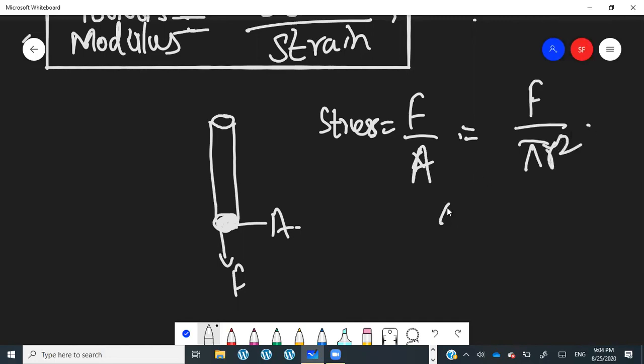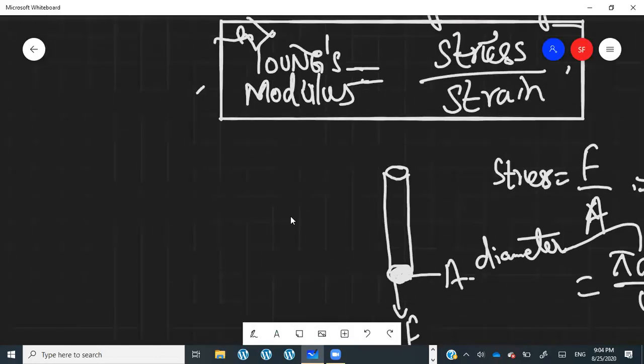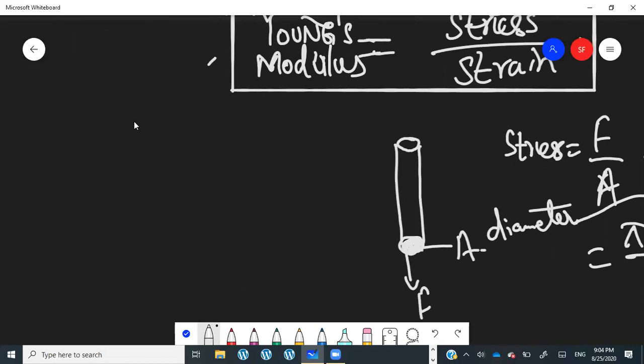Or it can also be written as pi d squared upon 4. Both of them are the same thing, where d represents the diameter. Remember the diameter and the radius of a circle.